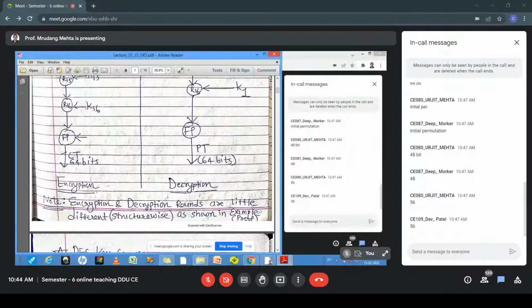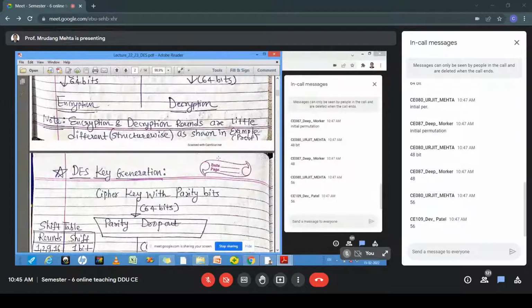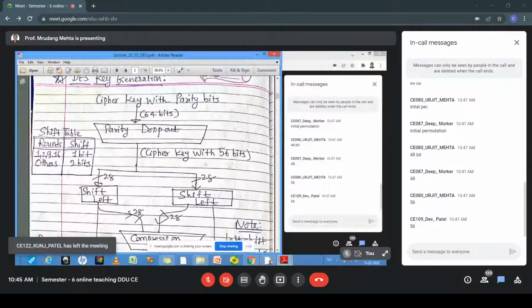So encryption and decryption rounds are structured a little differently, as we had seen in the earlier lecture, and its proof was also discussed in the last lecture. The key generation topic was also discussed.